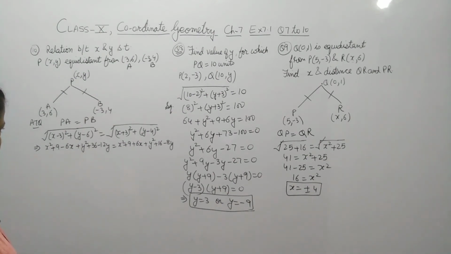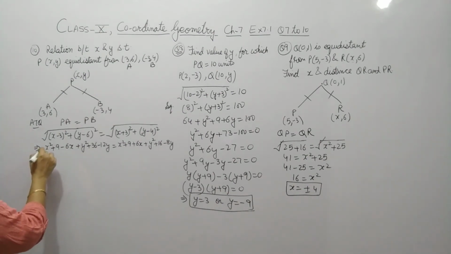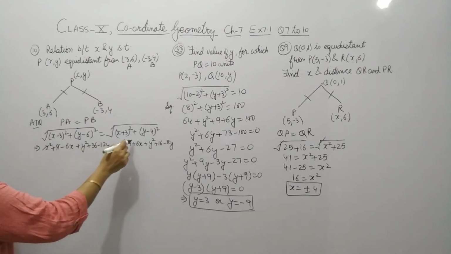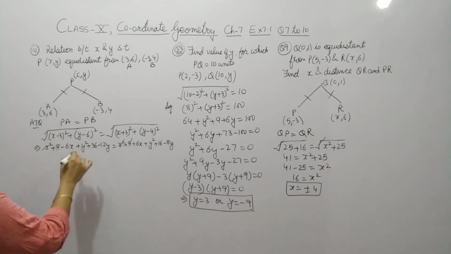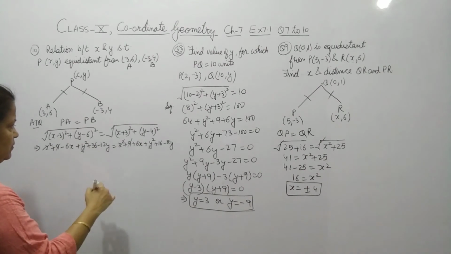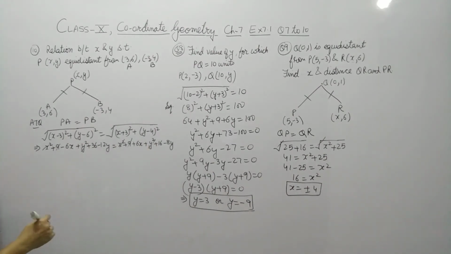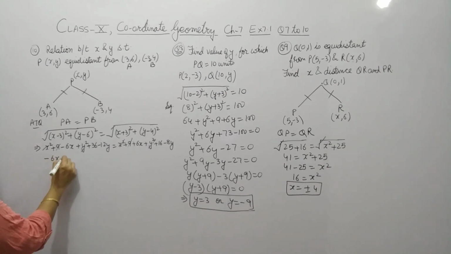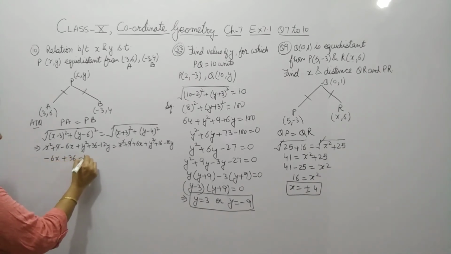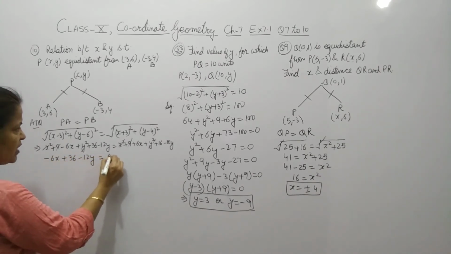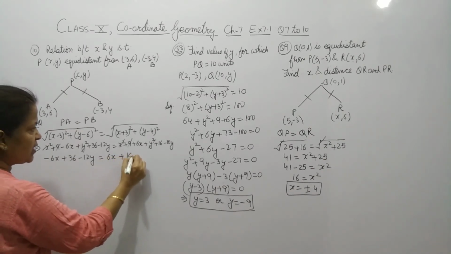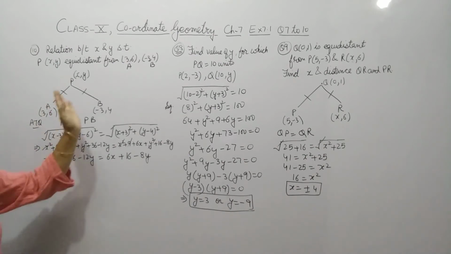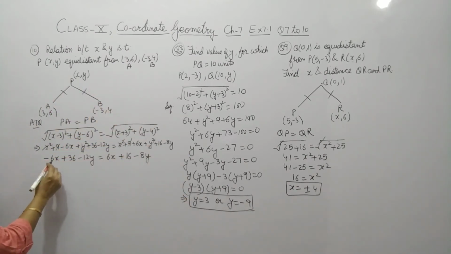Okay, now let's see what can be cancelled. This is cancelled, and y square is cancelled. This will be cancelled out. So the left out is minus 6x plus 36 minus 12y equals 6x plus 16 minus 8y. Now we will shift all the terms on one side.